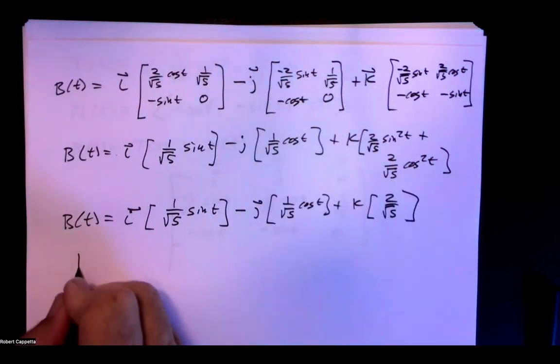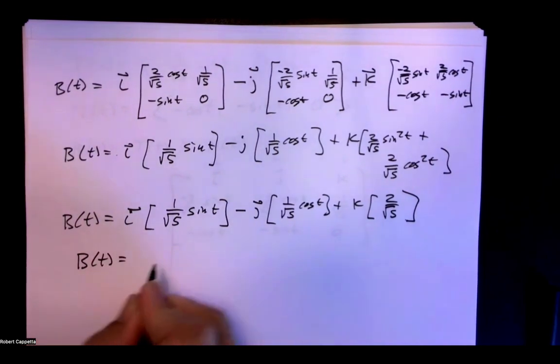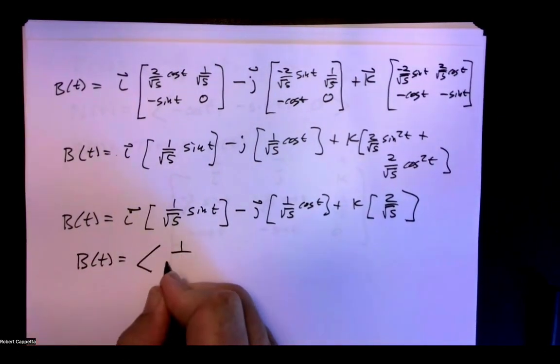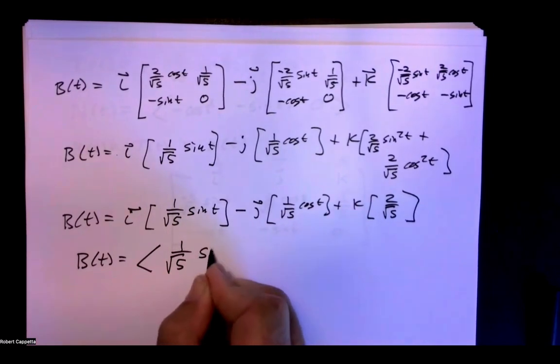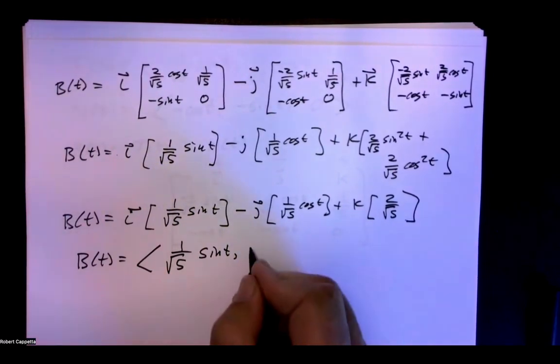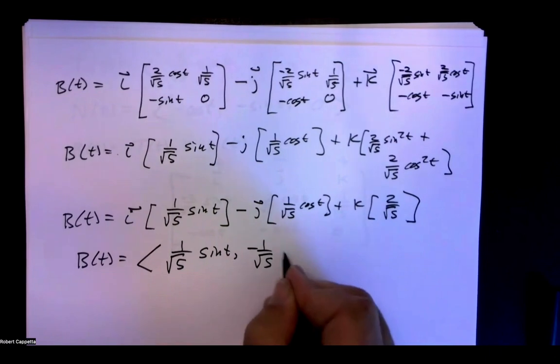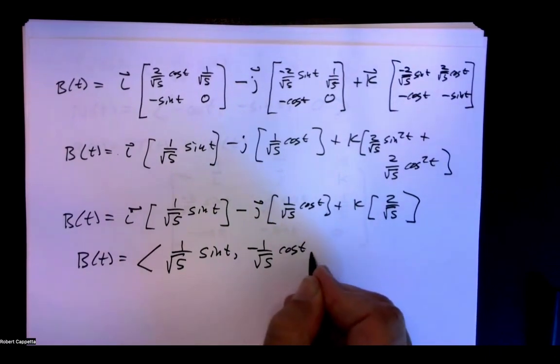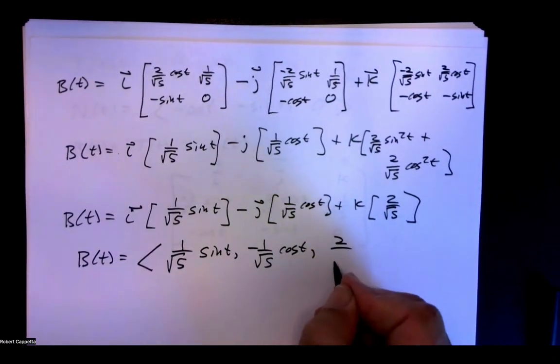So my B of t seems to be 1 over root 5 sine t, minus 1 over root 5 cos t, comma 2 over root 5.